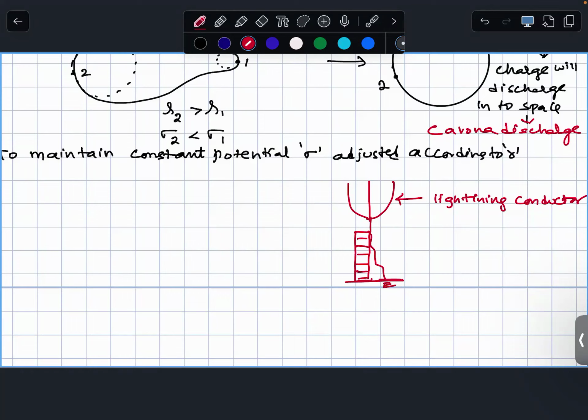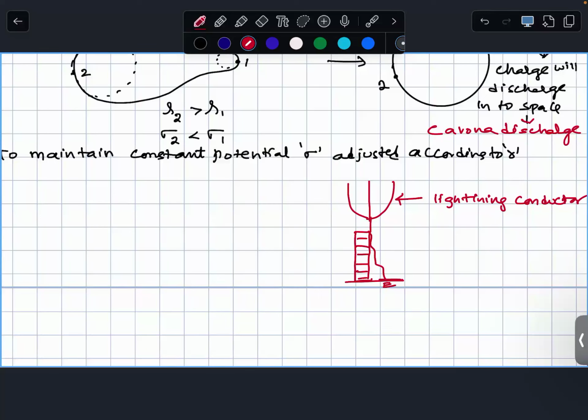So therefore, almost on the top of every building, such an arrangement is provided, lightning conductor. What will happen when such a charge appears close to the building? The way the discharge takes place from a sharp edge, catching is also possible through the sharp edge.